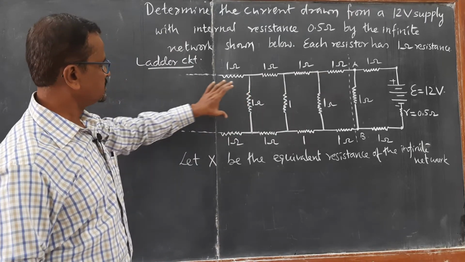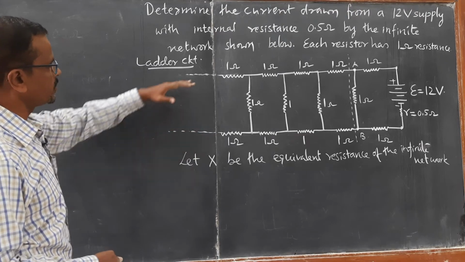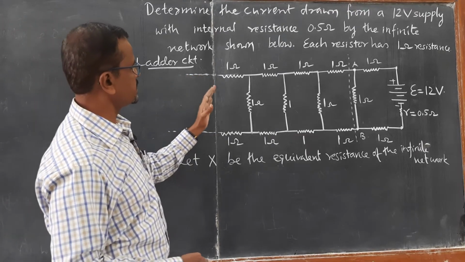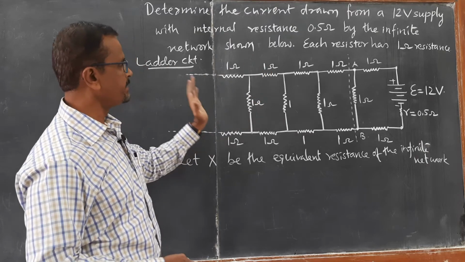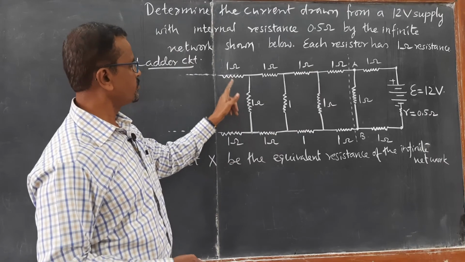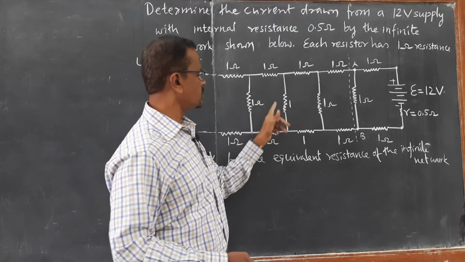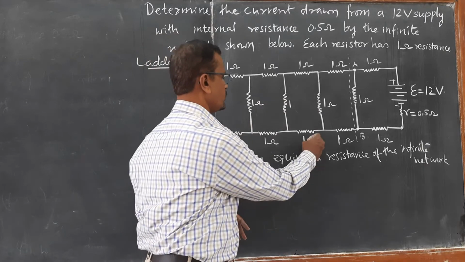Look at this. This is a continuous circuit, which I have shown here with a dotted line. The continuous circuit has a repetition of the pattern. As you can see here, the pattern is repeated: 1 ohm, 1 ohm, 1 ohm, and so on. All these resistors are the same, 1 ohm each.